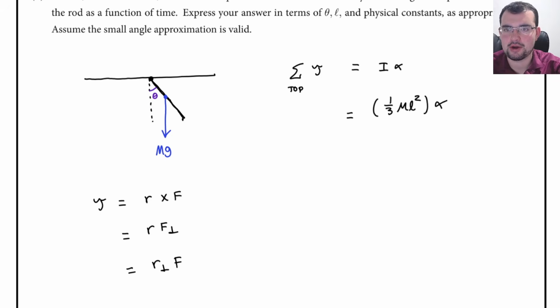Anytime you have vertical or horizontal forces, you want to use lever arm with torque, because it's really easy to track. So our lever arm is going to be this distance right here. I extended it a little bit too far. It's going to be this distance.